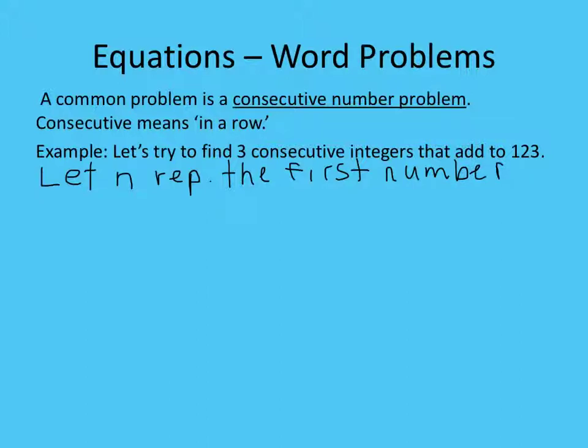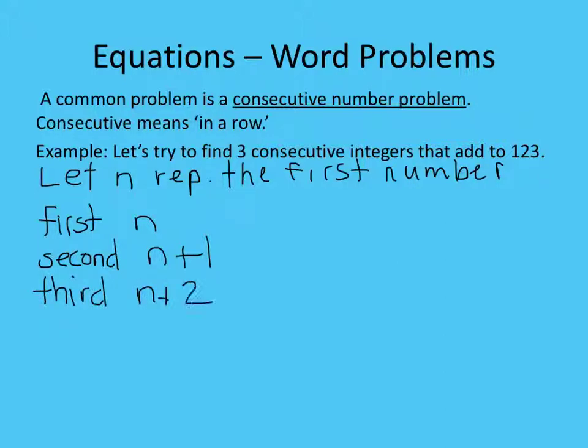So if n is the first number, the second number is 1 more than n. So n plus 1. The third number will be that first n plus 2. That makes them consecutive.